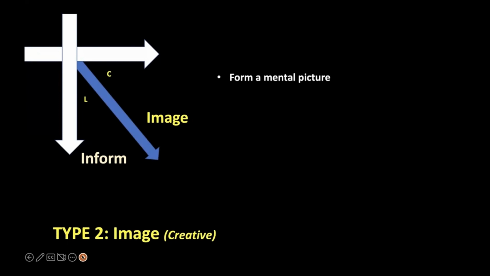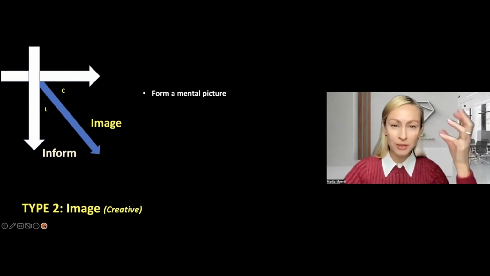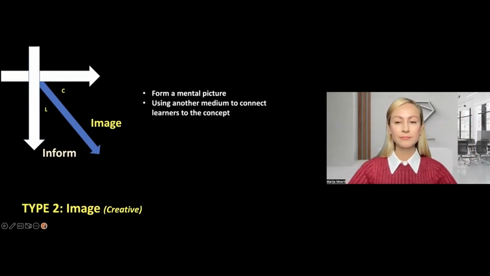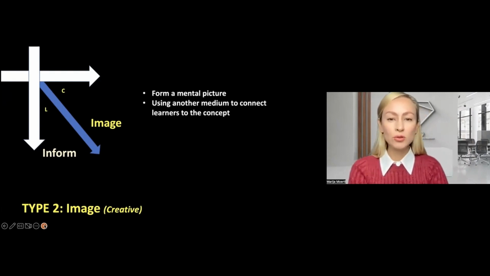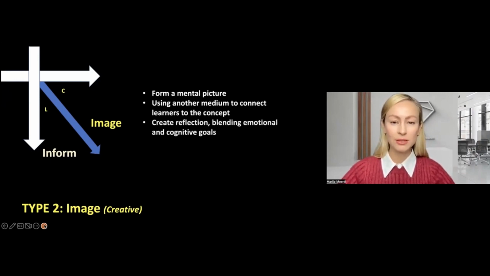The idea is to form a mental picture. So me as a teacher and you as future teachers, we have to try to form a mental picture in the minds of people who are listening to our class. So we are going to be using another medium to connect learners to this concept. And we will see how we can do that.